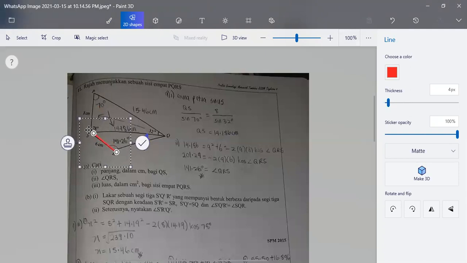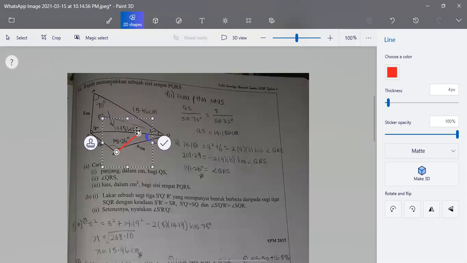Okay, so there are a few ways that we can do this. I'm going to adjust the line SR in such a way that it remains 6 cm. So I could adjust the line SR, let's say if I move SR to somewhere along here, and let's assume that SR is equal to 6 cm.